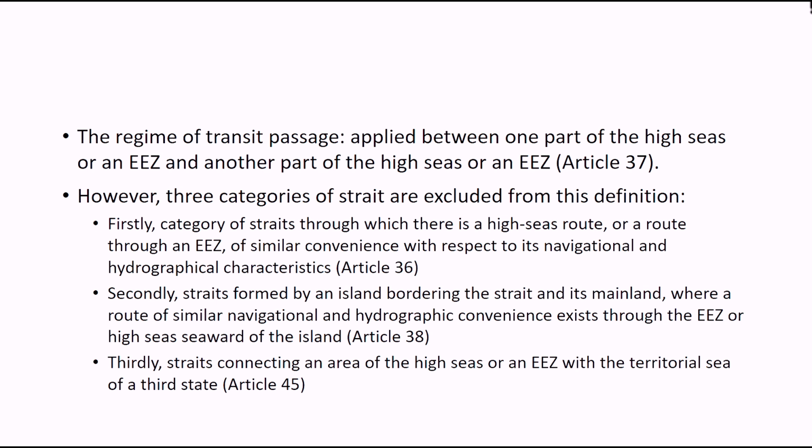Otherwise, if there is an EEZ available, if there is a high seas route available, that alternate route should be used, but it should be of convenience, it should not be of high inconvenience. Secondly, the straits formed by an island bordering the strait and its mainland, where a route of similar navigational and hydrographic convenience exists through the EEZ or high seas seaward of the island. And thirdly, the straits connecting an area of the high seas or an EEZ with the territorial sea of a third state.